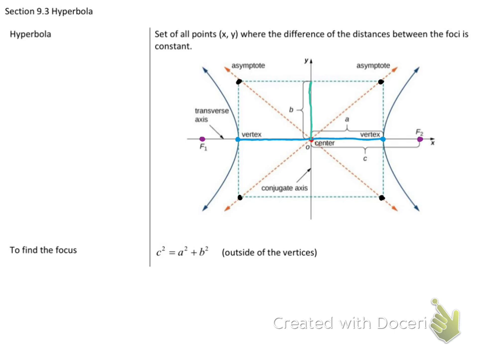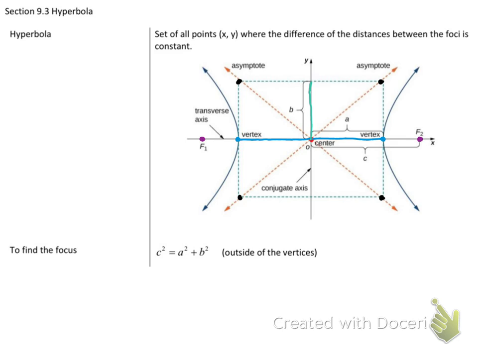What that does is it gives us the equation of the asymptotes. So we'll get into that in just a second, but we still have a, we still have b, we still have c. It's just that we have a small change to the equation, and we now have asymptotes involved as well.